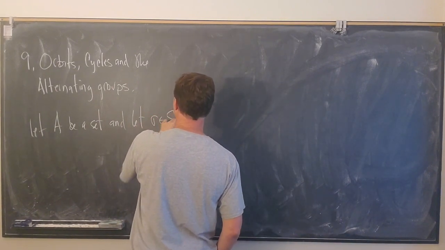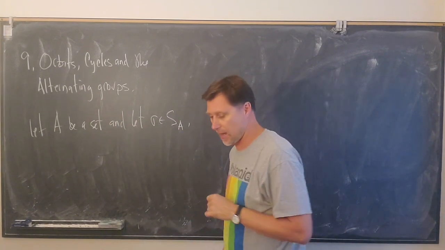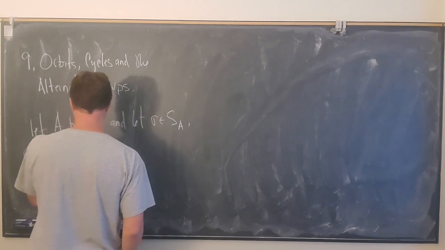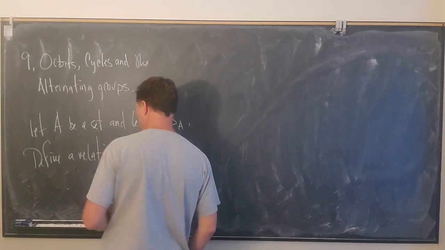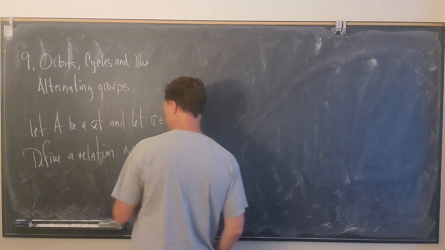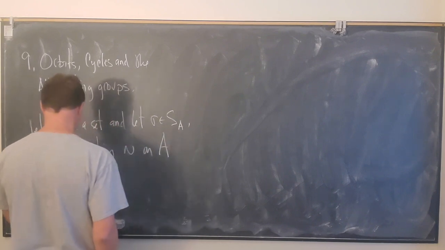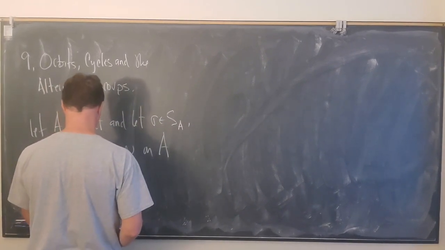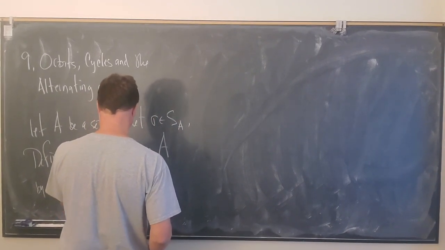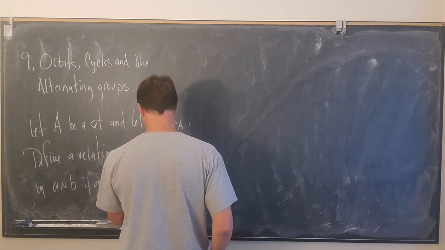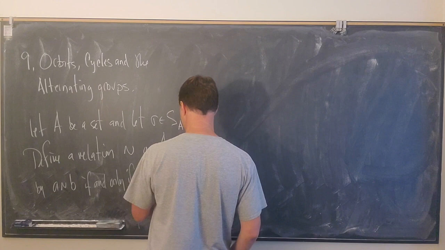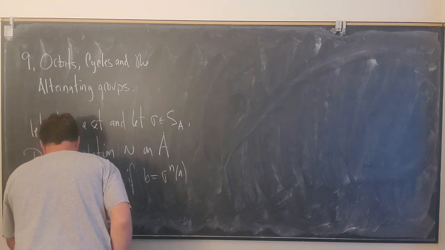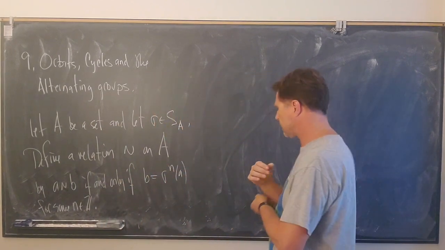Let sigma be an element of S of A. So sigma is a permutation of the set A. Now I'm going to define a relation, call it tilde, on capital A by A tilde B if and only if B is equal to sigma raised to the n of A for some integer little n.